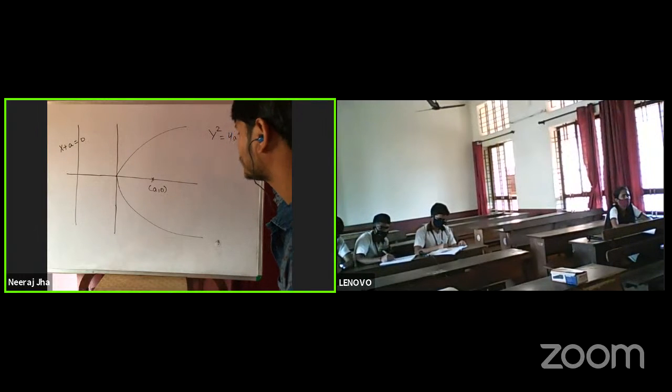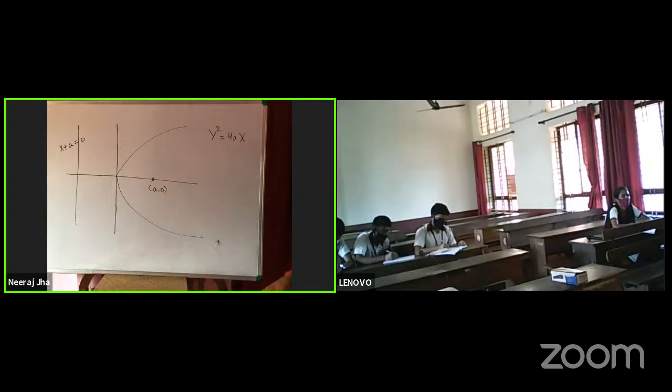It became a bigger parabola, no problem. This is the standard parabola which we will remember, capital Y square is equal to 4a capital X. There is a reason behind why I am writing capital Y and capital X. You will understand shortly.